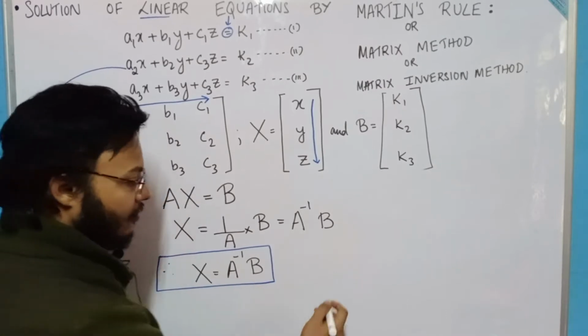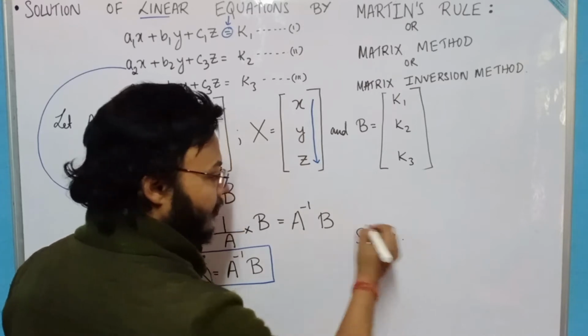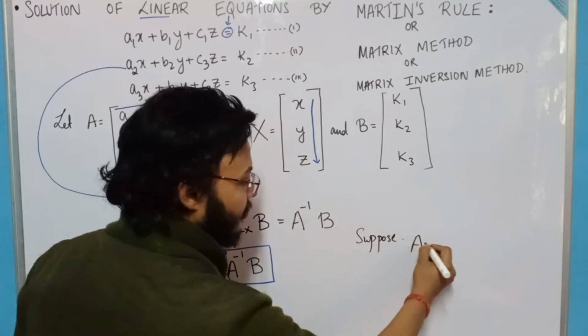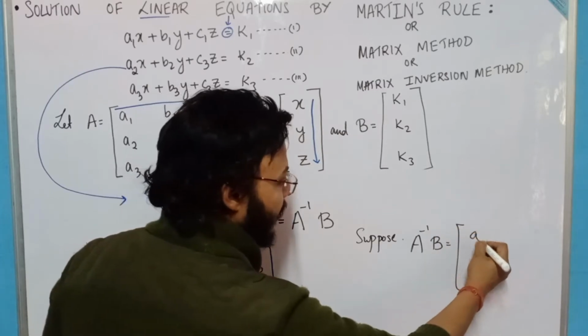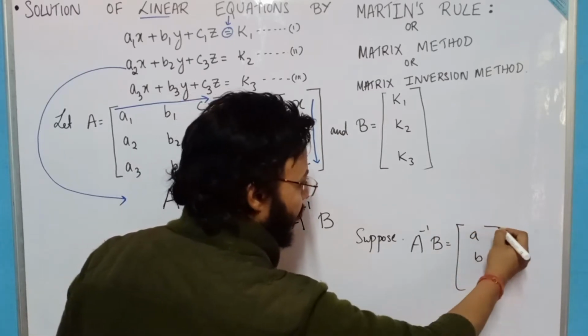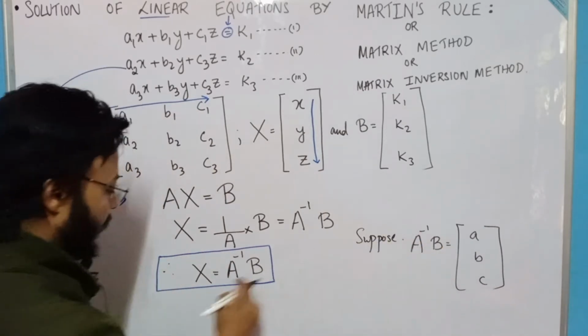Suppose while solving, you got A inverse and you multiplied B also. A inverse B you got as a matrix like this: A, B, C. So the value of A inverse B is A, B, C. So what is the value of X?